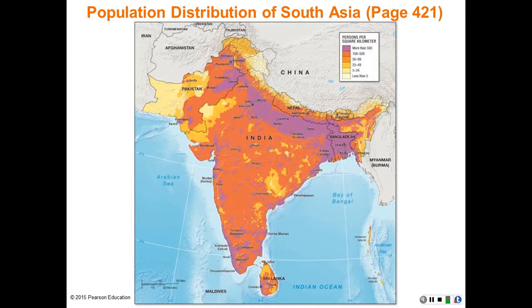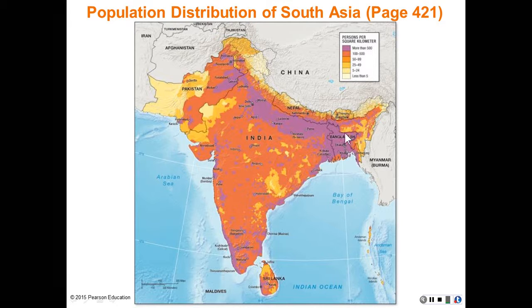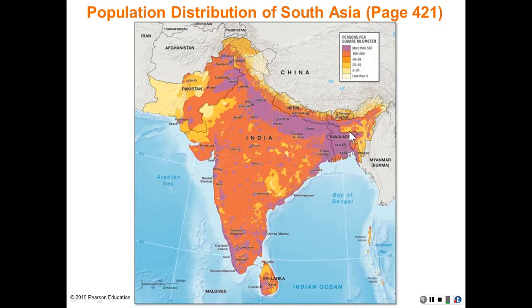Population distribution of South Asia very closely resembles our geophysical map in terms of the Indo-Gangetic Plain. We see the Ganges River region has very dense population, with the densest population being almost the entire country of Bangladesh.